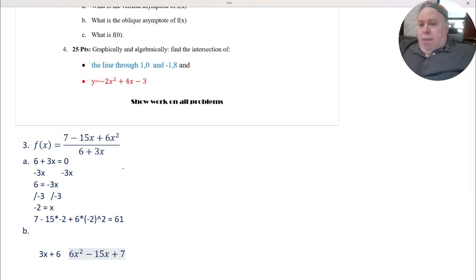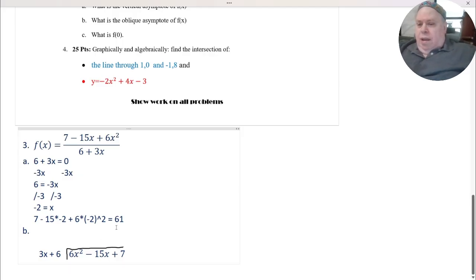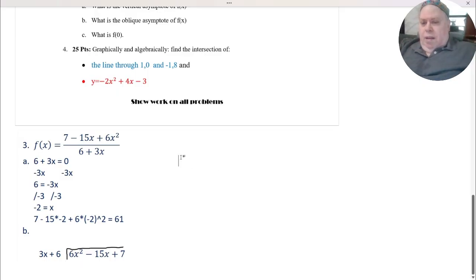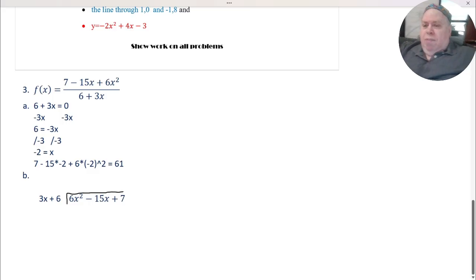And now I'll make a little division here. Let's do that. There we go. We start by figuring out what to do with the 6x squared.